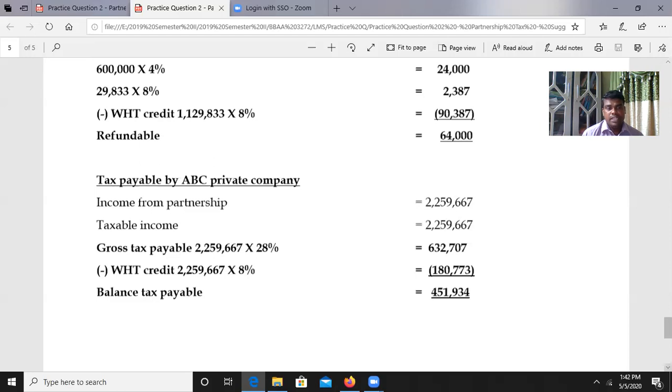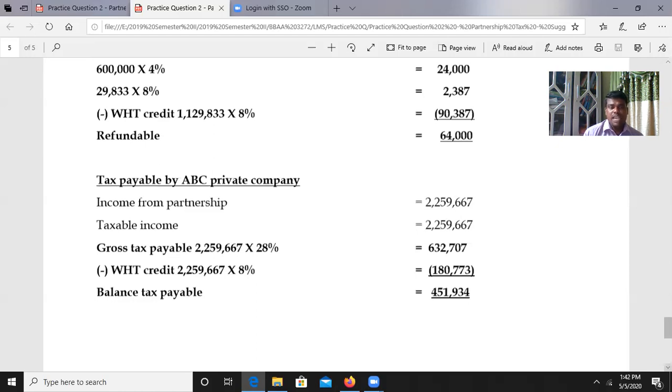So they have income from the partnership, which is 2,259,667. So taxable income is also 2,259,667, because there is no relief or tax-free allowance for a company according to the act.